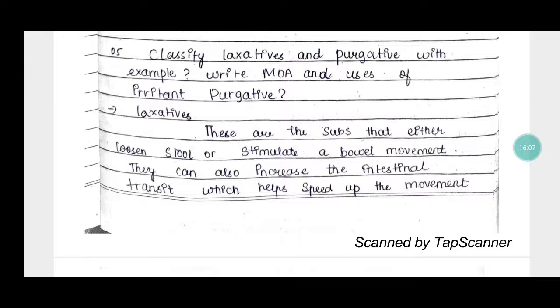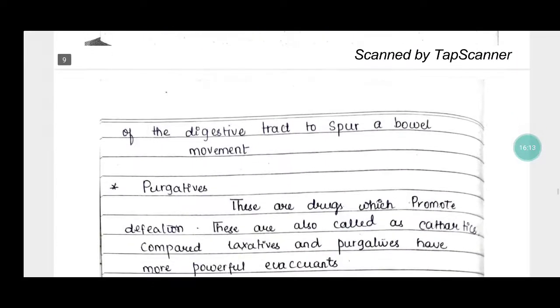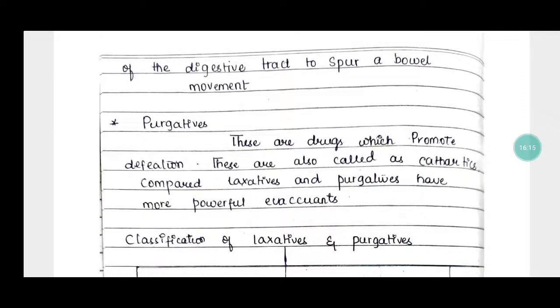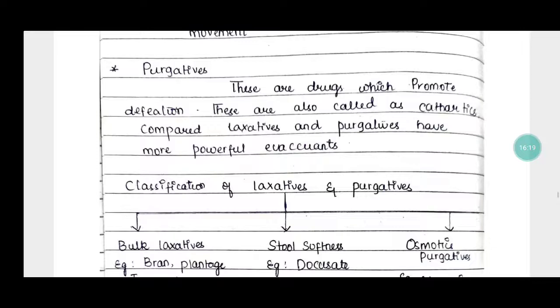They can also increase intestinal transit, which helps speed up the movement of the digestive tract to spur a bowel movement. And purgatives are drugs which promote defecation. These are also called cathartics, and compared to laxatives, purgatives are more powerful evacuants.